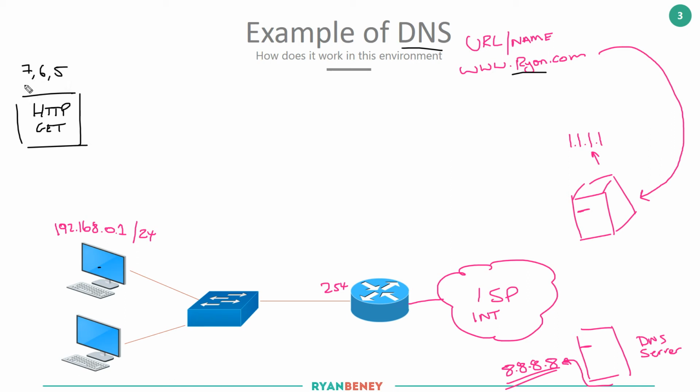So remember, layer 7 is where the HTTP sits. Layer 6 is going to be the presentation of that, so it's a HTML page, for example. And 5 is going to be where the session sits.